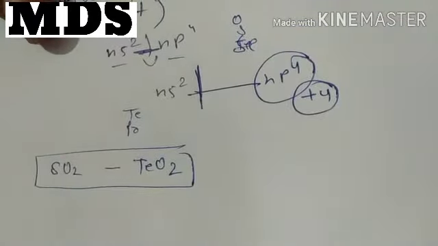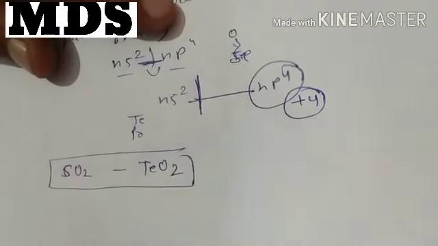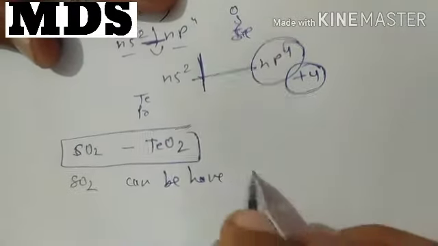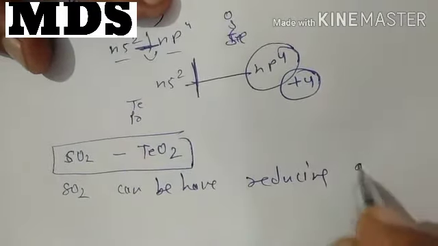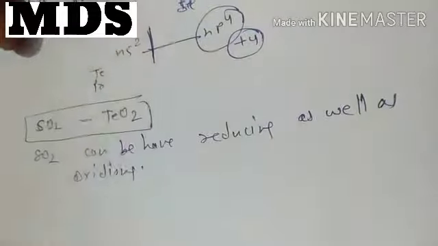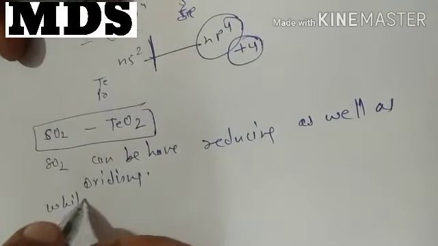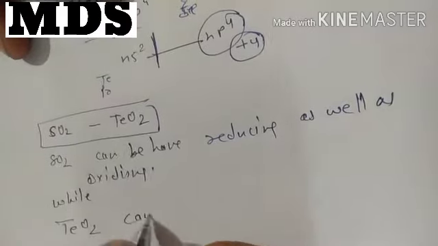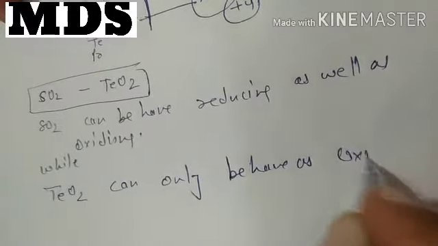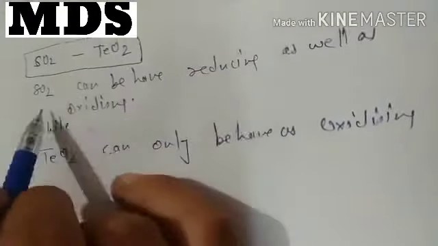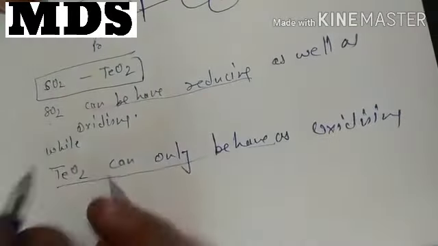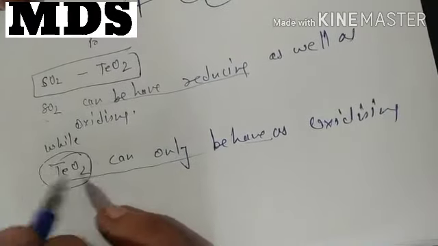The exception question is that sulfur dioxide can behave as reducing as well as oxidizing, while tellurium oxide can only behave as oxidizing. Or the question can be in such a manner that sulfur dioxide is behaving reducing while tellurium oxide is behaving oxidizing. Why?